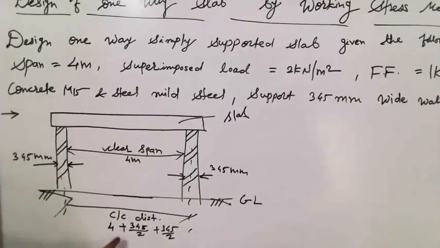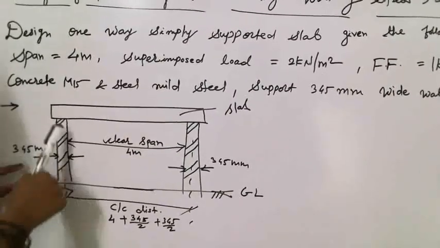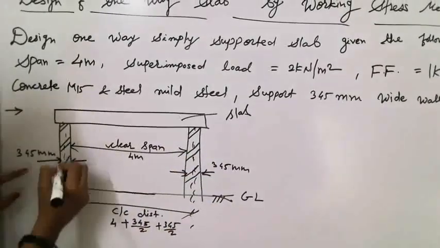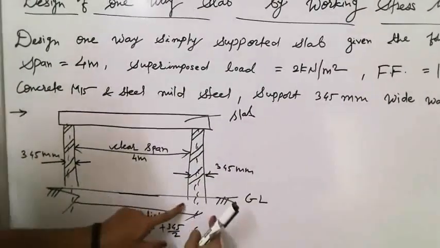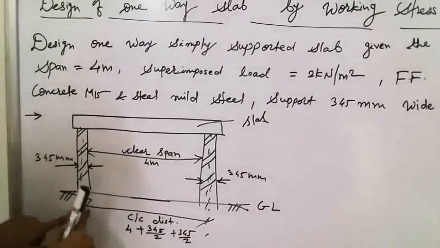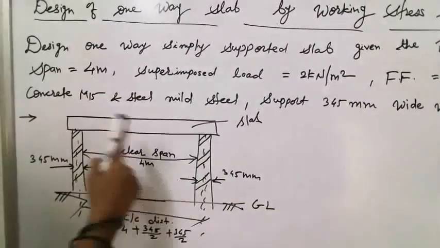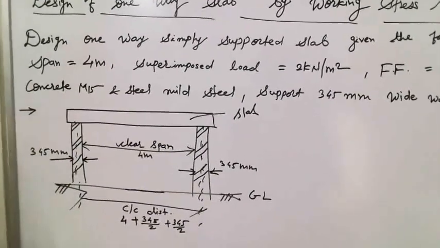This will be the center to center distance. Means you have to take half from this wall and half from this wall. Means 345 by 2, 345 by 2 plus 4. This will be the center to center distance.